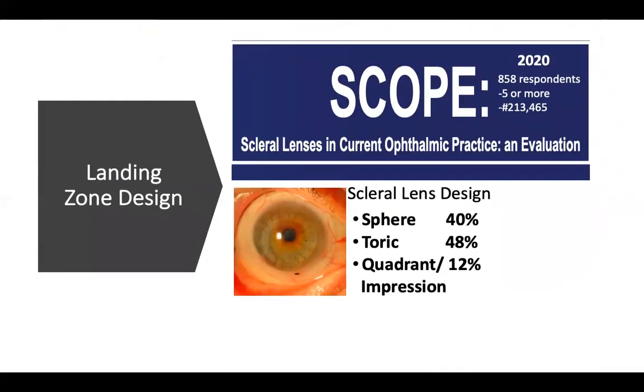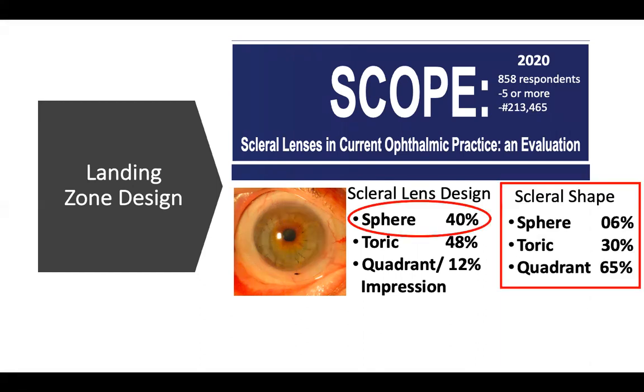This is data from the scleral lens in current ophthalmic practice and evaluation, which is really an international survey. And this was reported data from 2020. And what we see here is that the practitioners that responded to the study, on average, are fitting spherical lens design on 40% of their eyes.